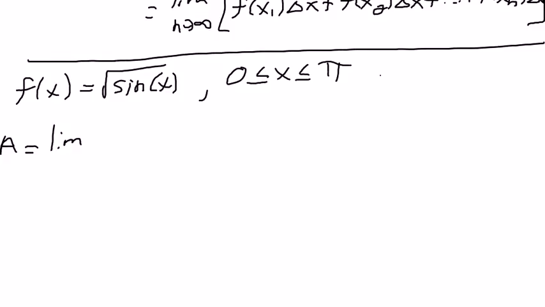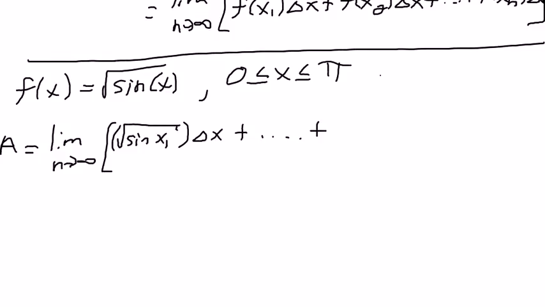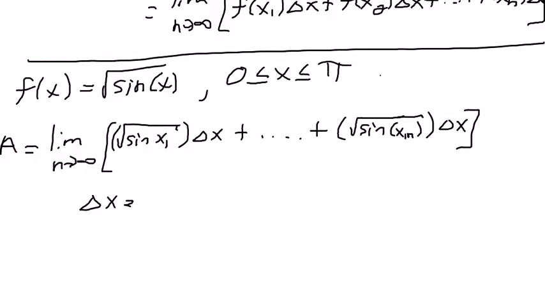So we're going to take the limit as n approaches infinity of sine x1 delta x plus, all the way to sine xn delta x. We know that delta x is just the spacing, so it's going to be your x final value, the b value, minus your x initial value, the a value.